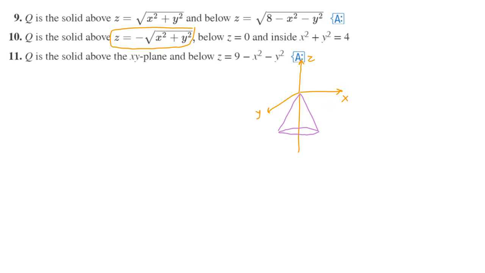We said that a circle in two-dimensional forms a cylinder in what? In three-dimensional. Why? Because we're adding circles. So we're talking about this portion.